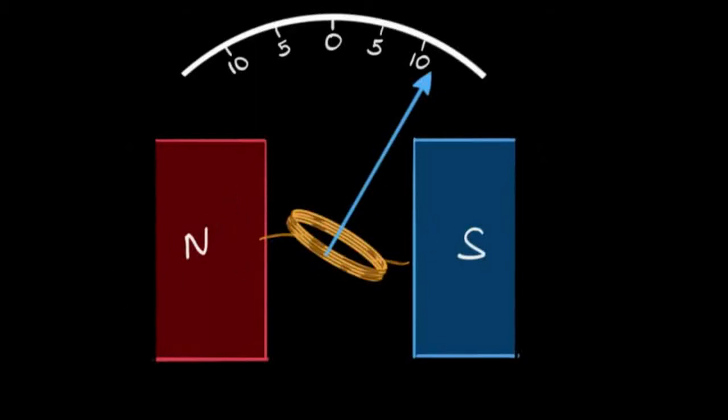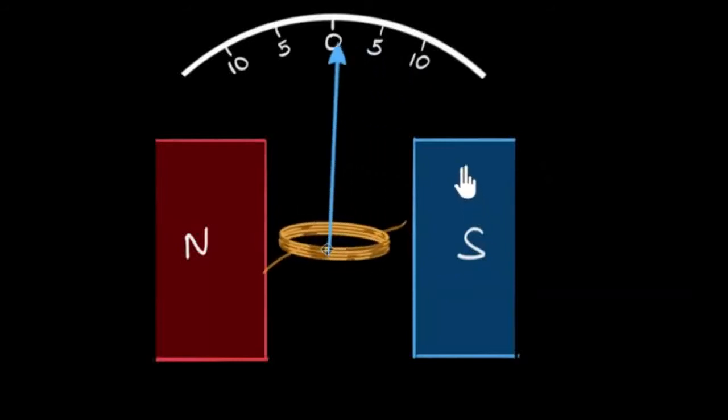So one way to fix this problem is to attach a small spring to this coil so that it will give a counter force to the movement of the coil, and finally that spring can stop the movement of the coil.